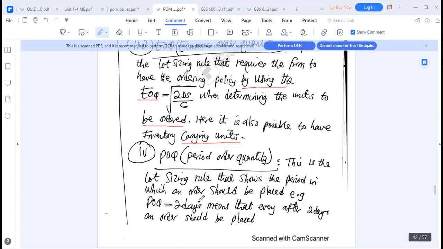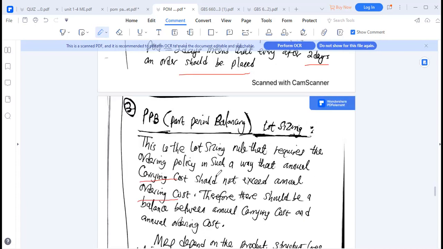Period order quantity is just the sizing rule that shows the period in which an order should be placed. E.g., a POQ of 2 days means that after 2 days, an order should be placed. Then getting down to part period balancing. This is a lot sizing rule that requires the firm to order in such a way that the annual carrying cost should not exceed the annual ordering cost.